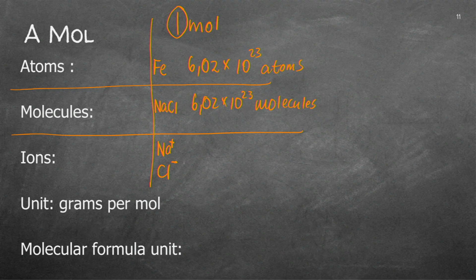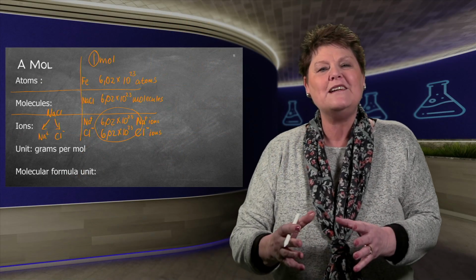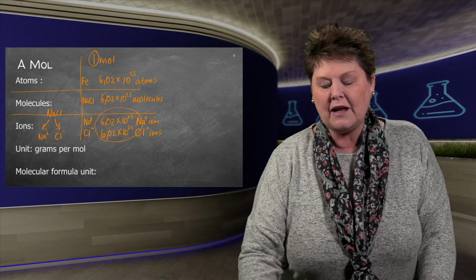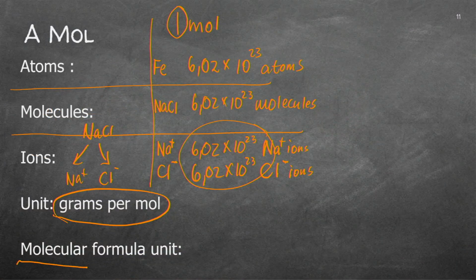And here I've got 6.02 times 10 to the 23, and be careful, sodium ions, but I also have 6.02 times 10 to the 23 chlorine ions. Now you can see here, I've got 2 of them because 1 sodium chloride actually gave me 2 sets of ions. So be careful that you have your correct bonding. Remember, we did bonding, and if that's not correct, you're going to have some errors here. So the unit is usually gram per mole, and we're working with the molecule.